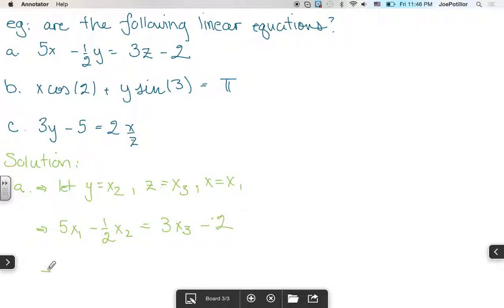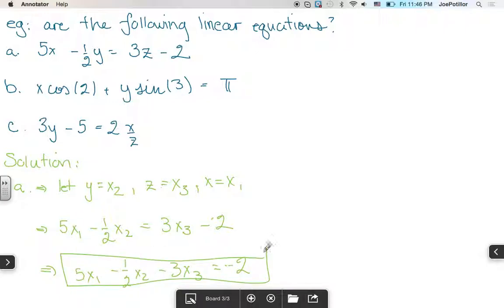And if I rewrite it, I end up with 5x1 minus 1/2 x2 minus 3x3 is equal to negative 2, which I can leave, and I would say that yes, this is a linear equation. Why? Because 5, negative 1/2, and negative 3 are, of course, elements of real numbers, and along with the negative 2 is real numbers. So this is a linear equation. So we say yes.